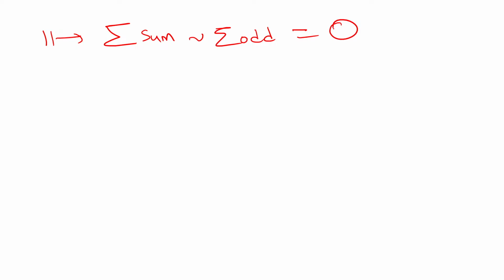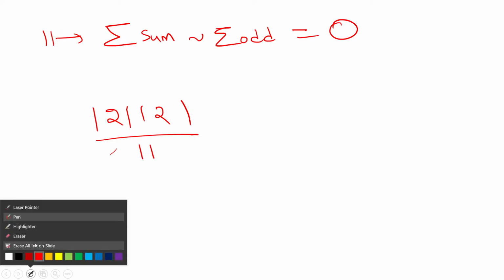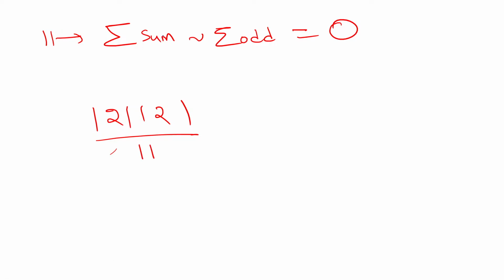Now, what is the rule for 11? The rule for 11 is that the difference between the odd places sum and the even places sum should be equal to 0. Let us take 1221. I want to check whether this number is divisible by 11 or not. You need to add all the odd places.